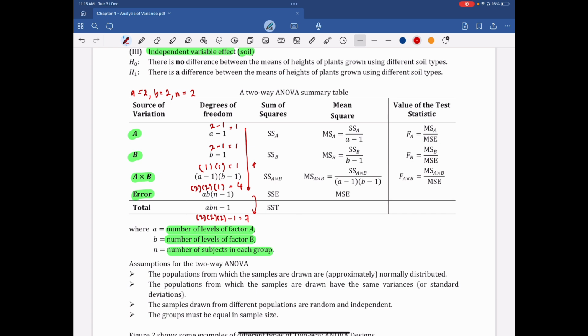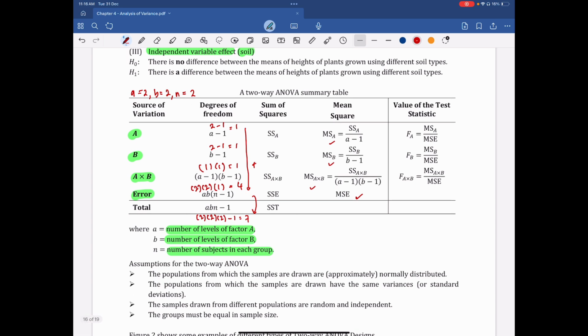And then for the mean square, you just divide the sum of square by each degree of freedom, according to the source of variation. That's why it's easy for you to set up the summary table first before you start calculating the particular elements in the two-way ANOVA analysis. You have mean square for A, mean square for B, mean square for the interaction, and also mean square for error.